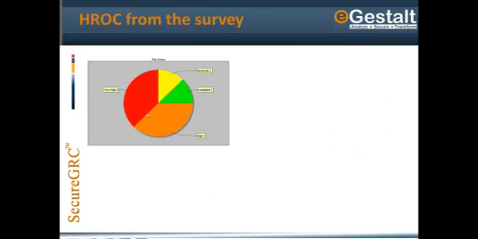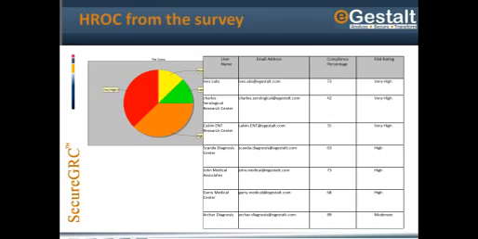In this case, the survey was sent out to 8 people. 3 of the BAs were found to be very high risk. 3 were high risk. 1 was compliant. They were probably keeping up with the HIPAA HITECH requirements, and another one was moderately compliant. So this gives them a complete view of the compliance status.